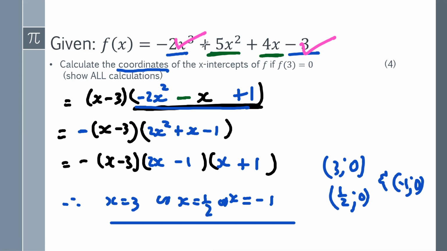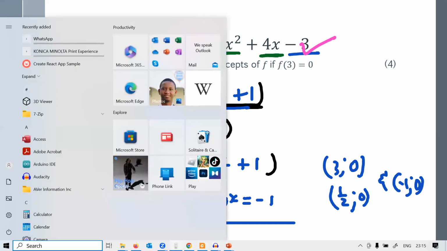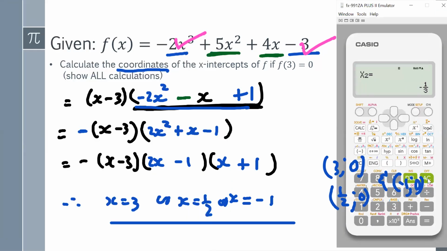But obviously, for those of you who actually have the luxury of owning a calculator like mine, I just want to show you how much of a cheat this calculator is. You could go to equation mode and select option 5, which is equation. Now you are dealing with a cubic, so you go for option 4.